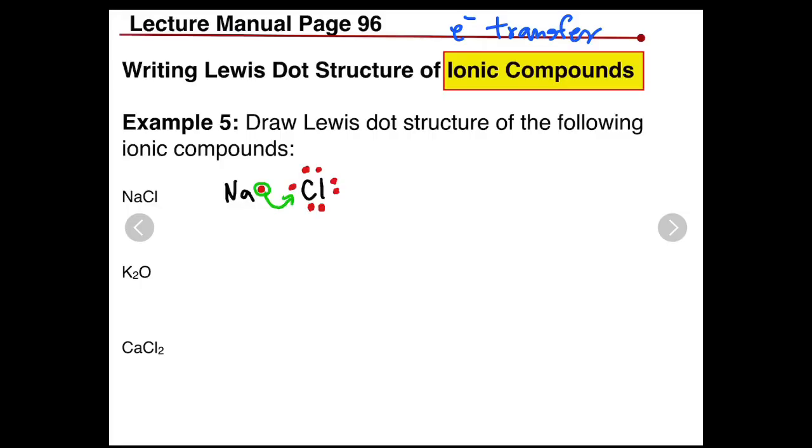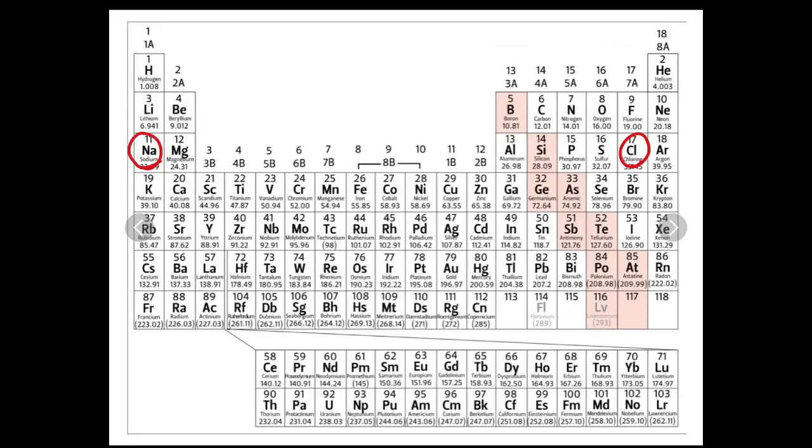When the electron in the sodium moves to chlorine, sodium now already has 8 electrons outside, right? Because as it lost one here, it's going to have the same number of electrons as neon.